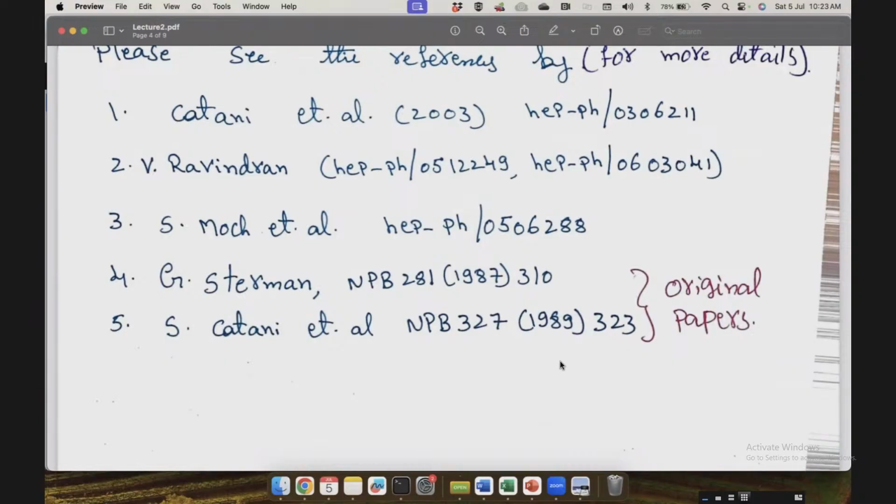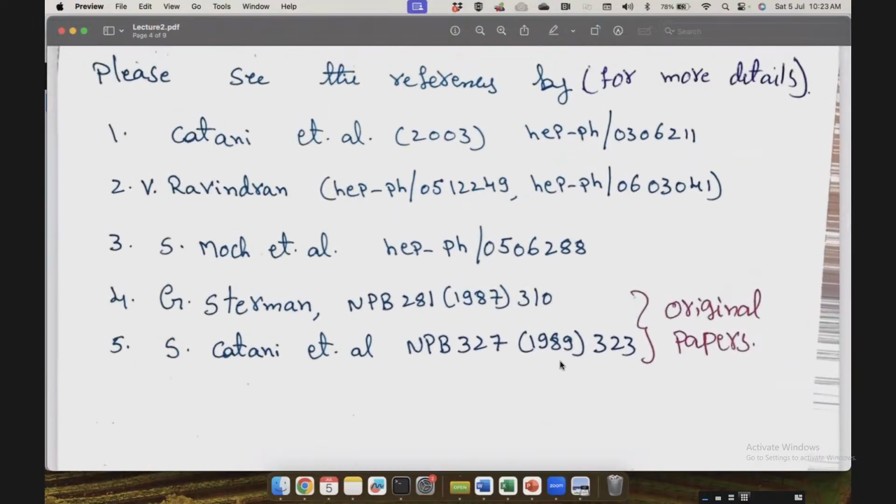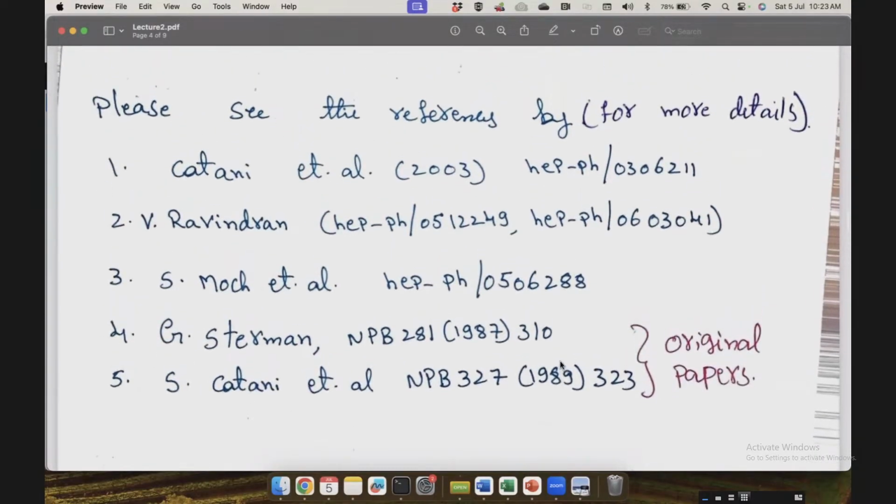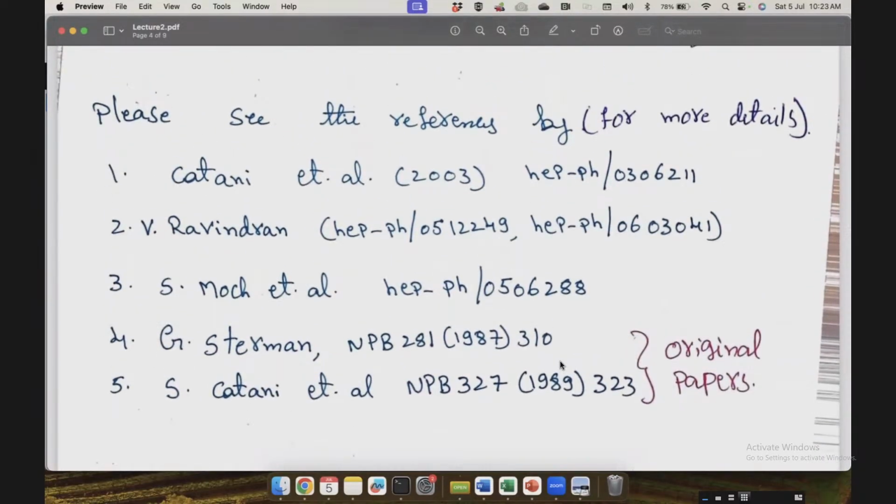if you want to simply understand the concept, to be more familiar, to have a simpler, better understanding, not more of the formal aspects, but some sort of intuitive understanding, I suggest you take some of the recent papers that came close to 2000. That is the paper by Catani et al. in 2003.